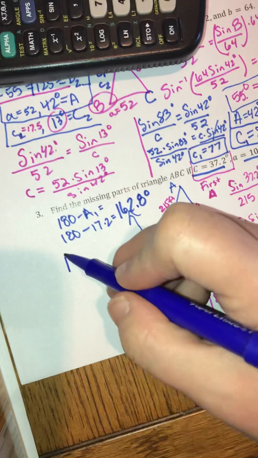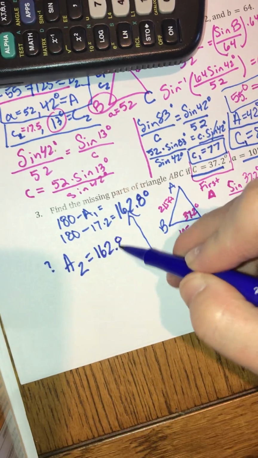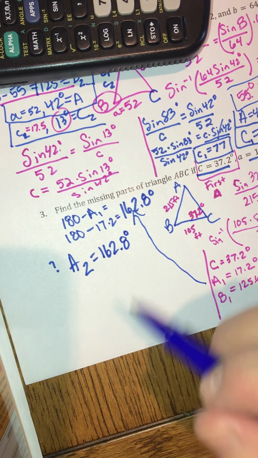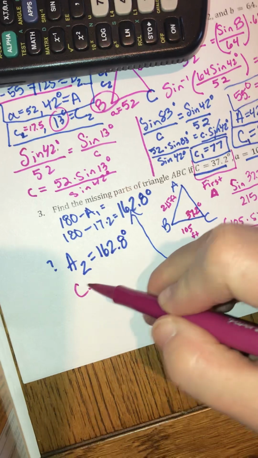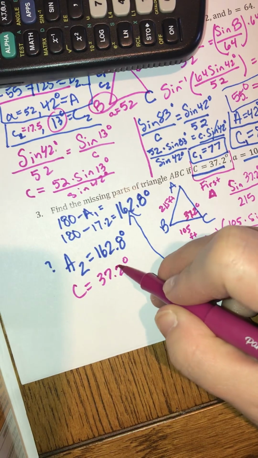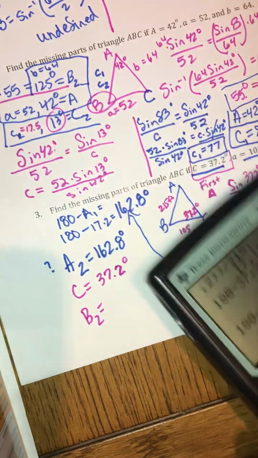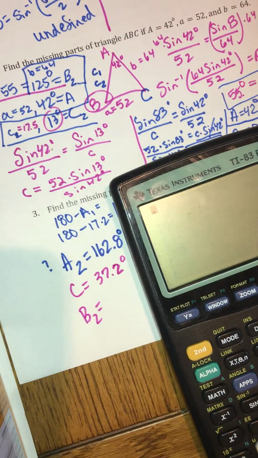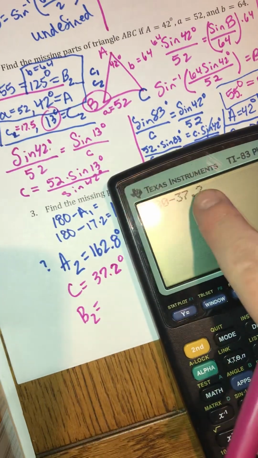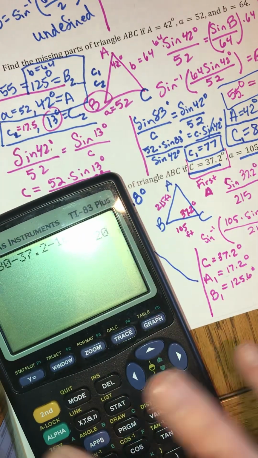All right, so my possible A2 is 162.8 degrees. Well, let's put it to the test. I know for a fact that my C has to be 37.2. So to find my B2, I got to do a little subtraction. I take that 180, I subtract off the 37.2 that's already in there, and I subtract off the 162.8, and I get womp womp.